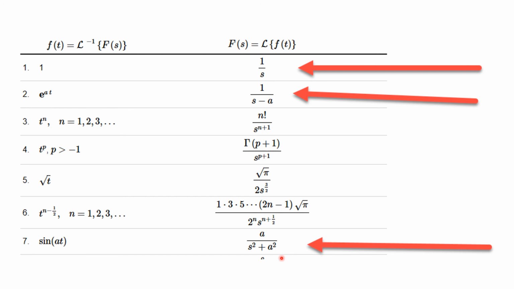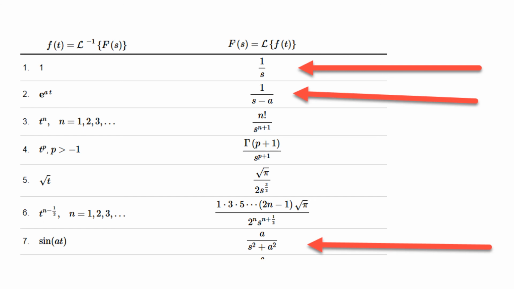So we have a table of these, and we're going to be using them not only for the Laplace transform going this way, but for the inverse Laplace transform going the other way. It's a very important table, and you will have this in the grace notes on your final exam. And you notice that the gamma function appears, and many things appear in this table.